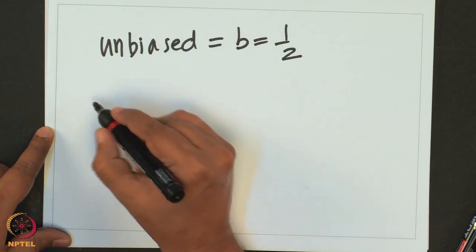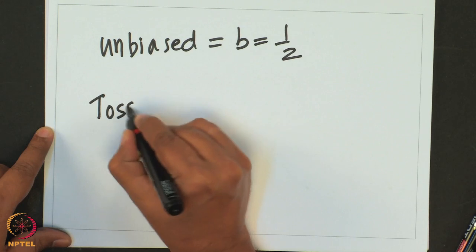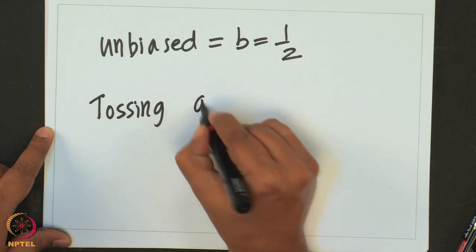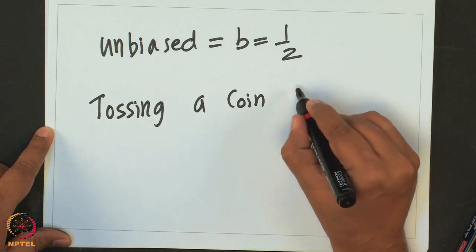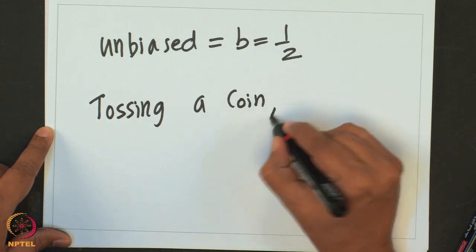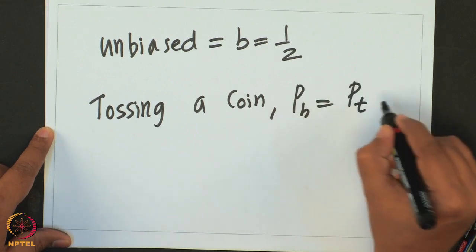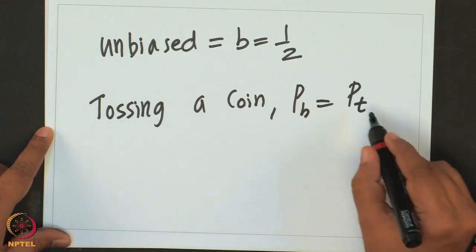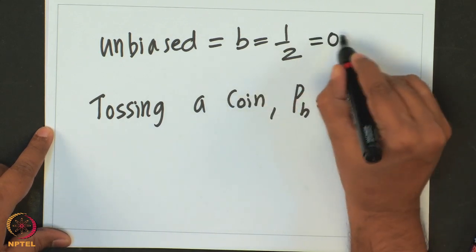Examples are tossing a coin: the probability of head is equal to the probability of tail. Therefore, this is completely unbiased. Therefore, b is equal to half, which is 0.5.